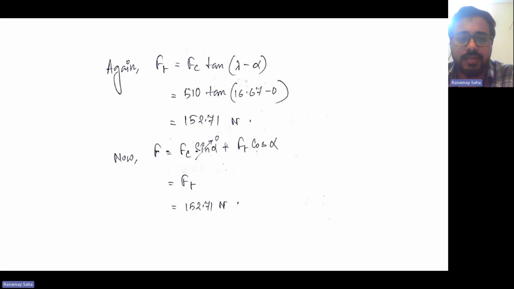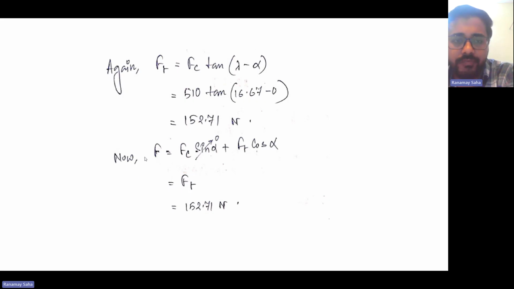All these equations and formulations have been derived out of the merchant circle diagram. We have seen it in our regular classes, and have also discussed it to some extent in our problem solving classes. So I'm not going into the details right now. Simply I'm showing you the steps to solve such problems.